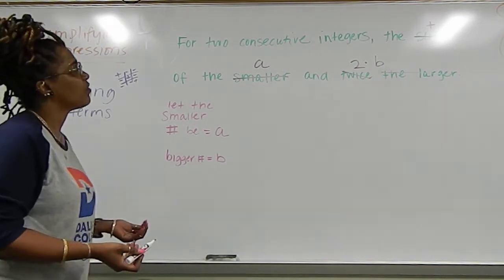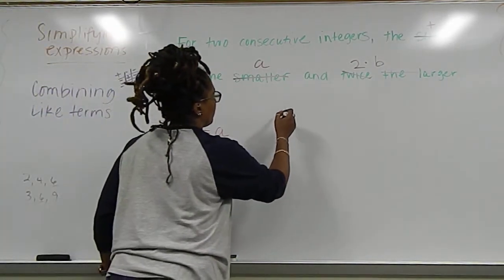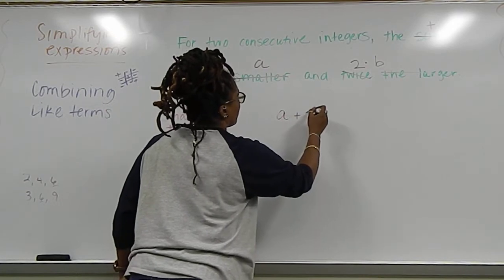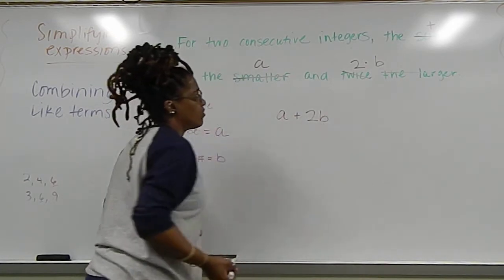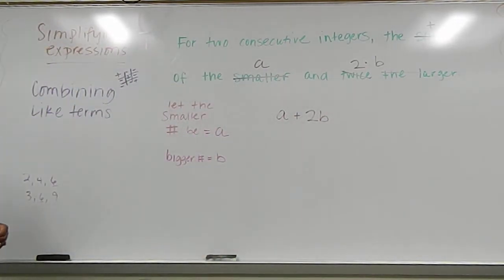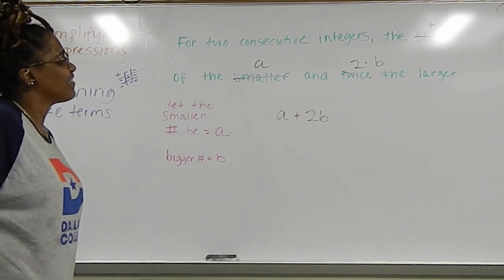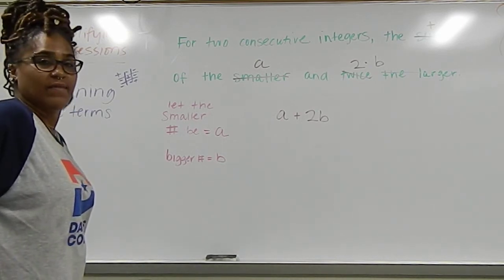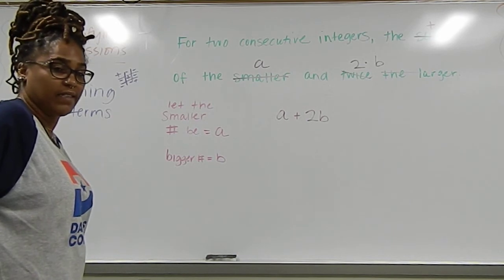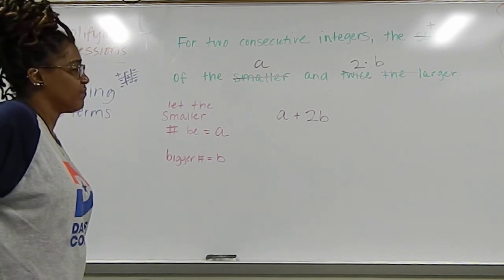So now we know that we have the sum of the smaller and twice the larger. Look at that, you did a word problem. Yay! Make sense? Okay.